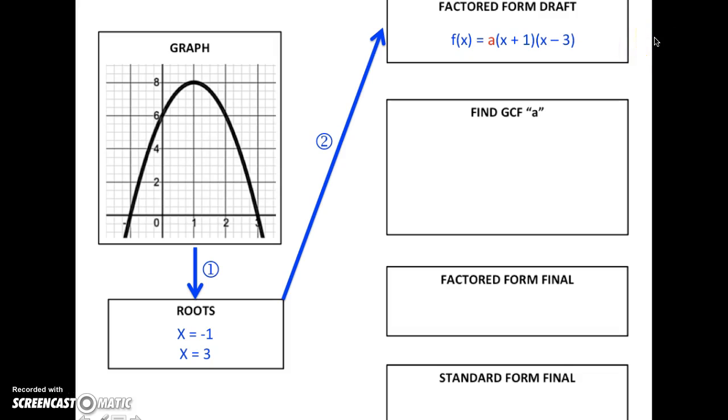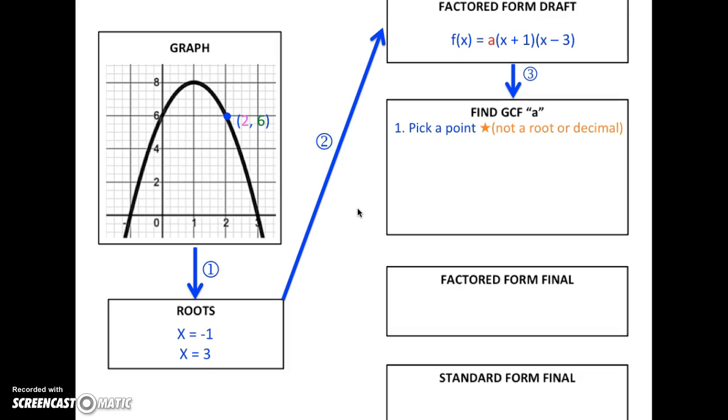Now we need to go ahead and find a. This next step has multiple steps. The very first step within this step is to pick a point on the graph. Again, when I say graph, I mean this plot here. But there are two caveats: it cannot be a root or a decimal. For example, I could choose the point 2 comma 6.